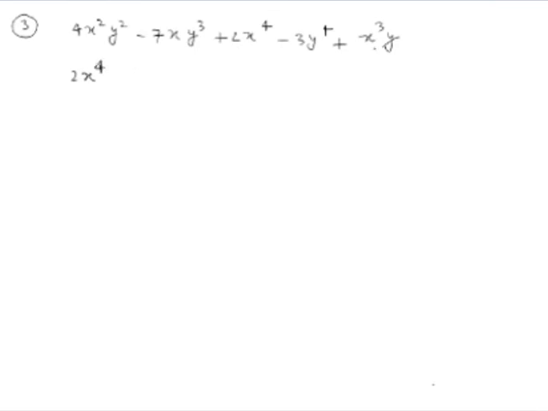After this, x cube, plus x cube y, then x square, plus 4x square y square, and then minus 7x y cube, and then minus 3 y to the power 4. So in this way we have to arrange this polynomial in descending degree of x.